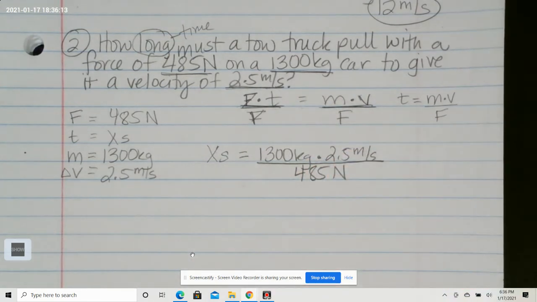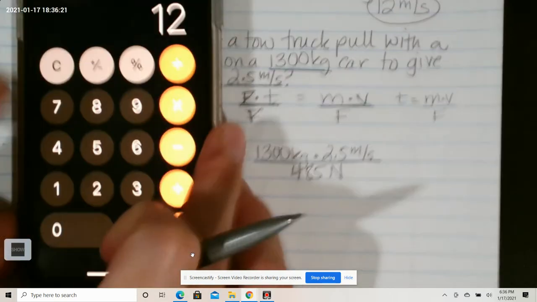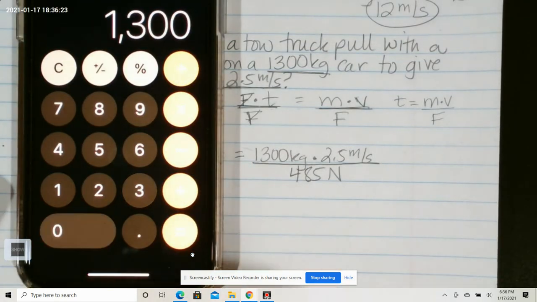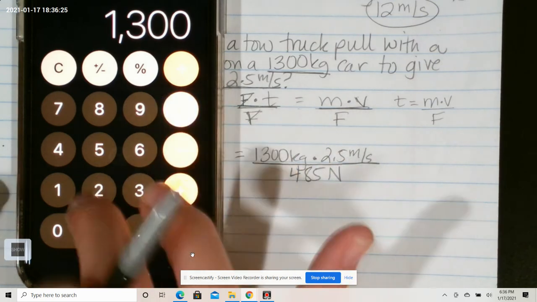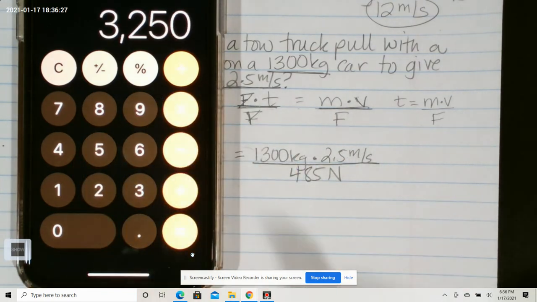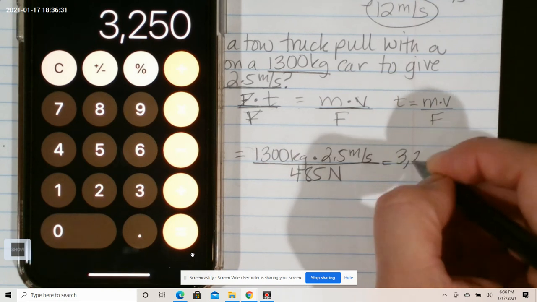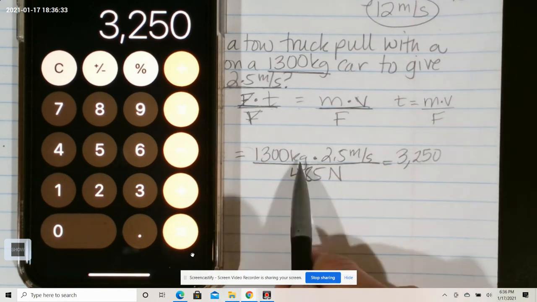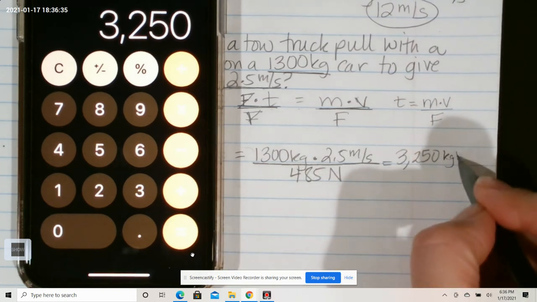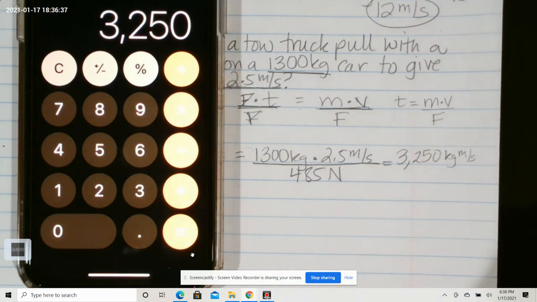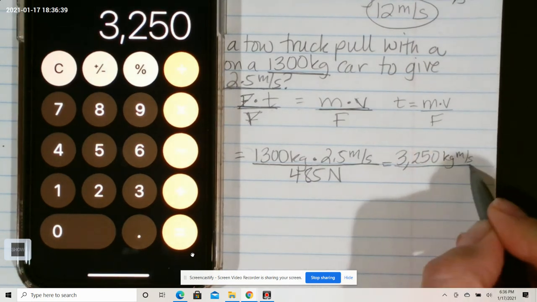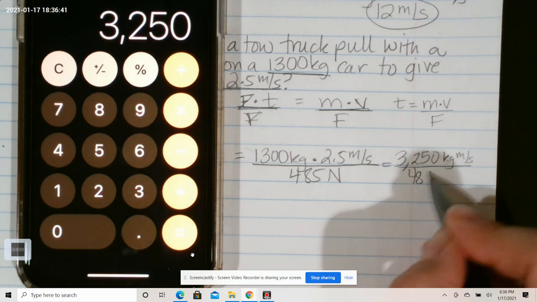So remember, you have to multiply everything on top before you divide. So I want to do 1,300 kilograms times 2.5, and that's going to give us 3,250 on the top and a kilograms meters per second. That's the momentum, right? Divided by my force, which is 485 newtons.